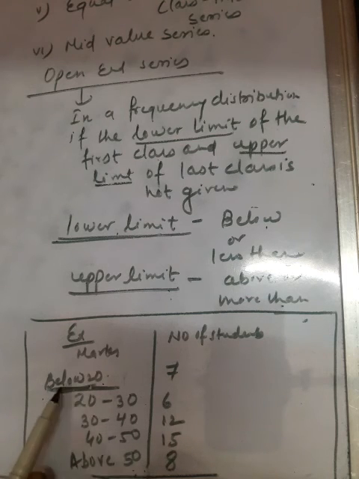How will you calculate the mid value if below 20 is given?